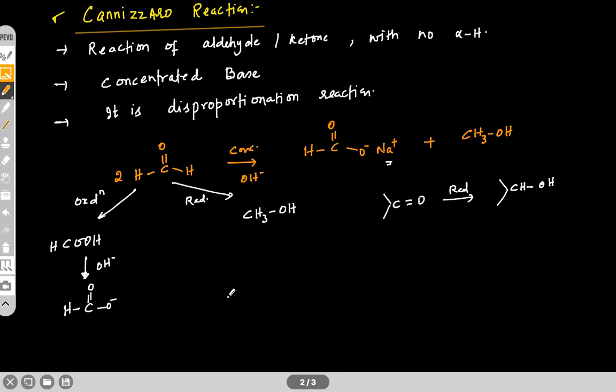No, mechanism we'll discuss. This I have discussed, how to write down the product. If you know this disproportionation, so for one molecule you write down the oxidized product, for another one the reduced product, right? The answer is this. Done, sir. Done?